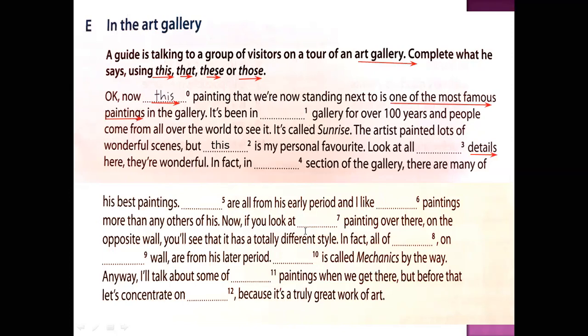Now here we're talking about his early period. Does it talk about a situation or fact, past or present? What do you think? I think situation. Are you sure? No. All from his early period. Whose early period? The painter's. Yeah.